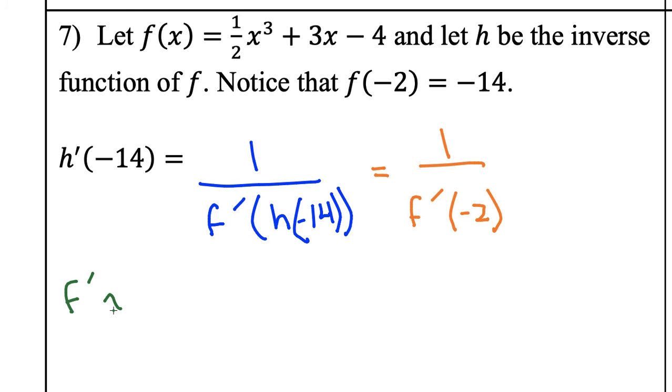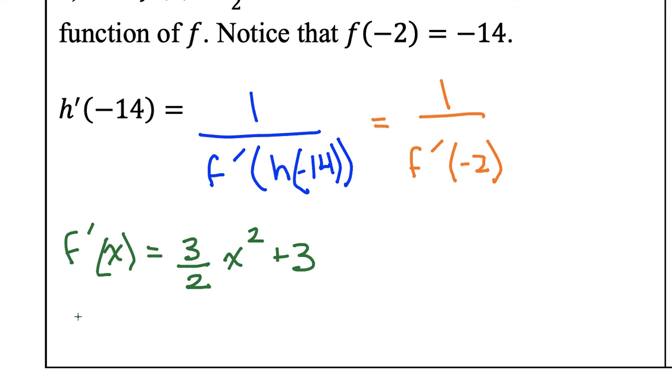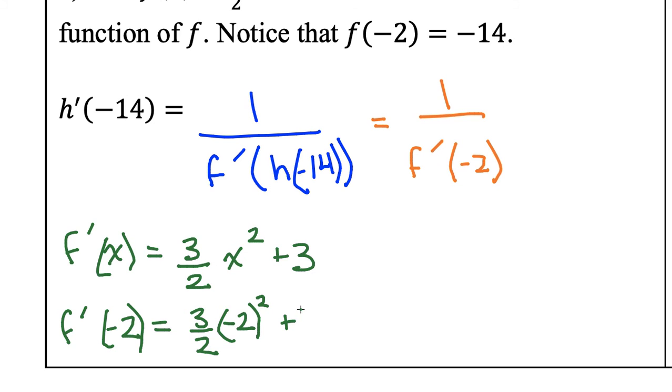F prime of x is equal to 3 over 2 x to the power of 2 plus 3, and plugging in negative 2, f prime of negative 2 is equal to 3 over 2 times negative 2 quantity squared plus 3, and then negative 2 squared is positive 4. 4 divided by 2 is 2. 2 times 3 is 6. So 6 plus 3 is 9. I got 1/9. Box it.